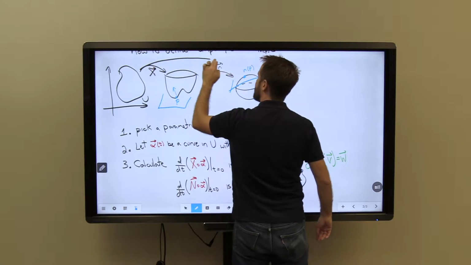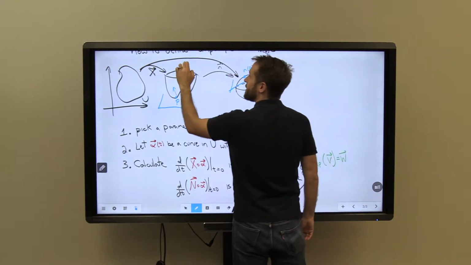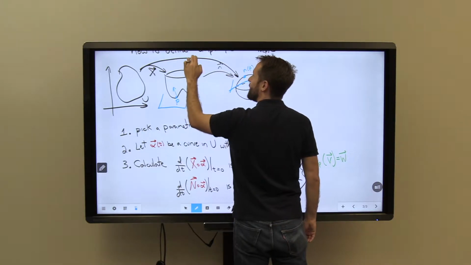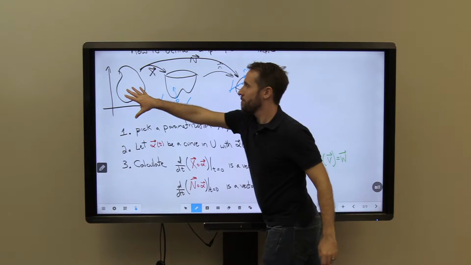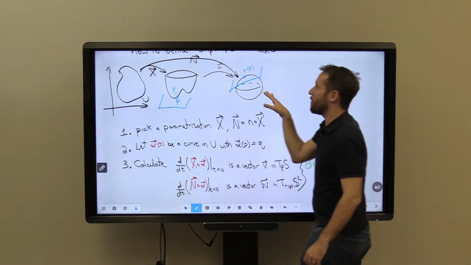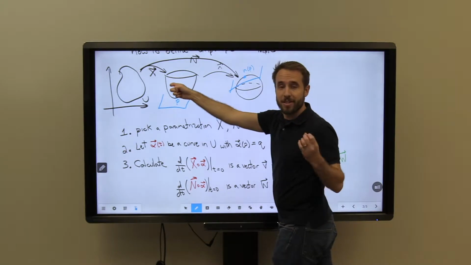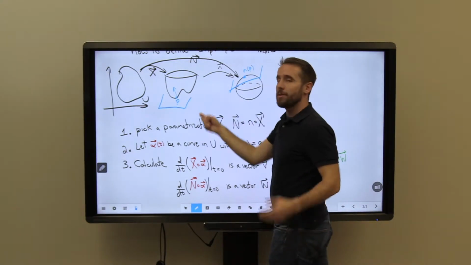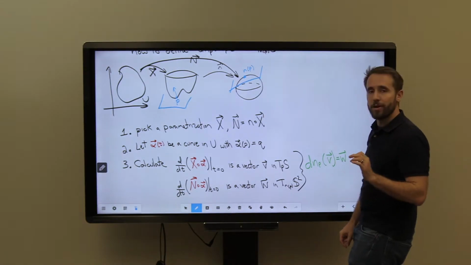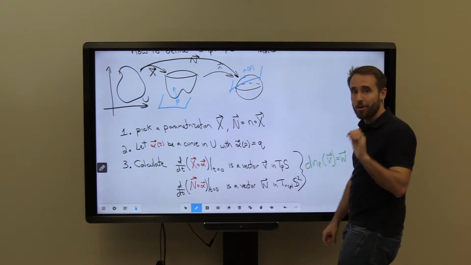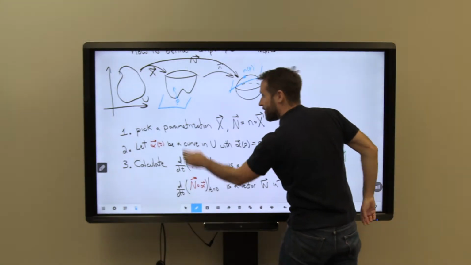So we had this function here, right? That was n of x, which we called capital N. So we have our capital N mapping our coordinate system all the way over here to the sphere. We also have our original parameterization x mapping this coordinate system to the surface S. From there, we are going to look at a curve, alpha of t, in our system over here.